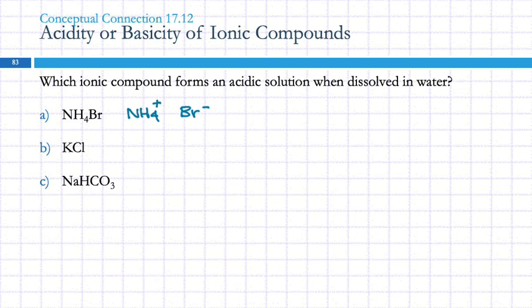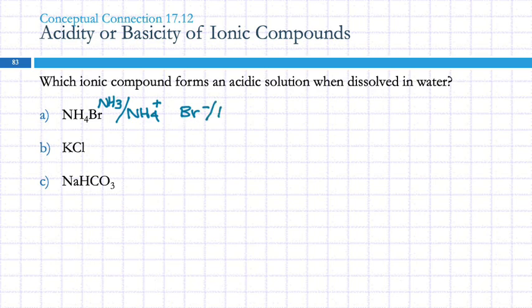Well, can I write a conjugate for that? Yeah, NH3. I can remove a hydrogen ion. It's already positive. I don't want to try to put another hydrogen ion on it. This is a weak base. Does this act as a weak acid? Yes, it does. This one, does it do anything?